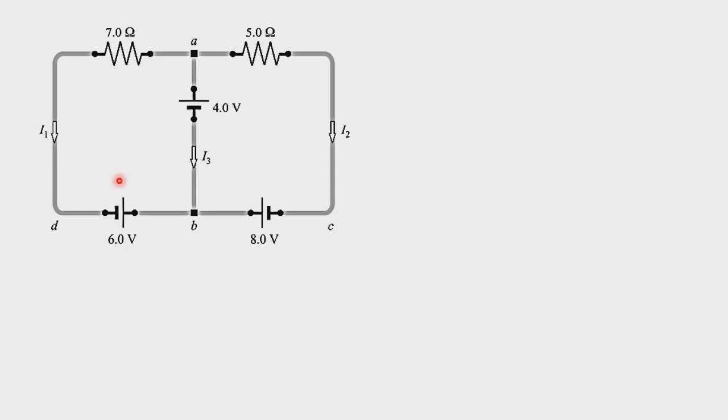We have the 6 volt, we also have the 4 volts and the 8 volts. In terms of current that is passing through the circuit, we have I1 coming from the 7 ohm resistor, and we also have I3 coming from the 4 volt, and then I2 coming from the 5 ohm resistor.